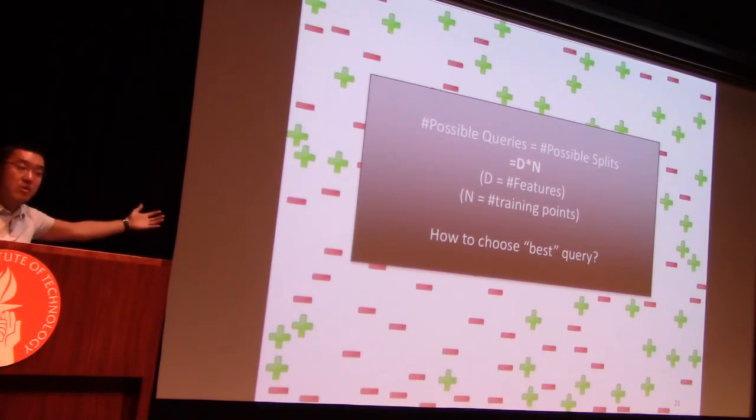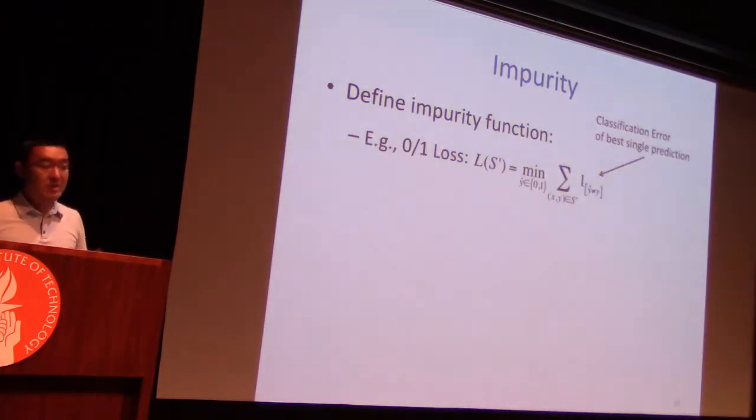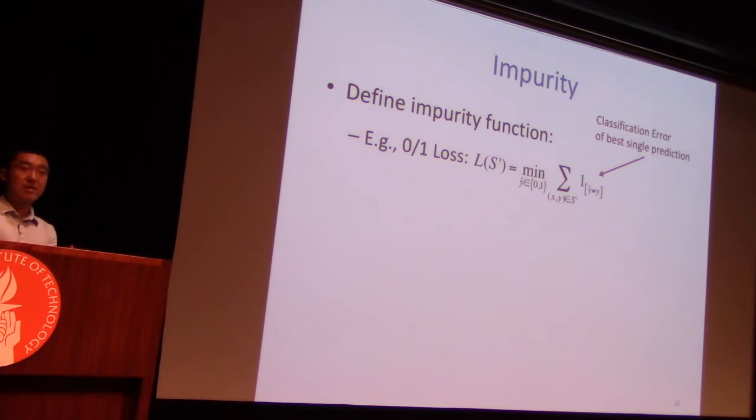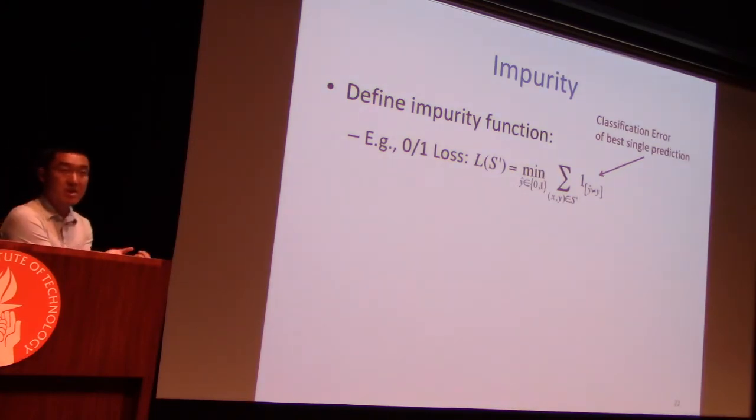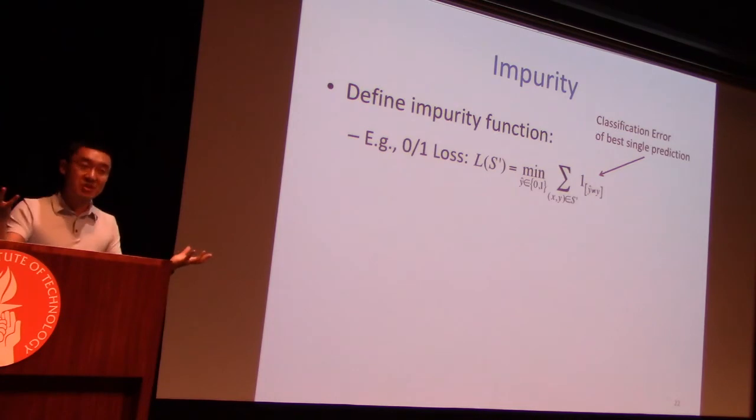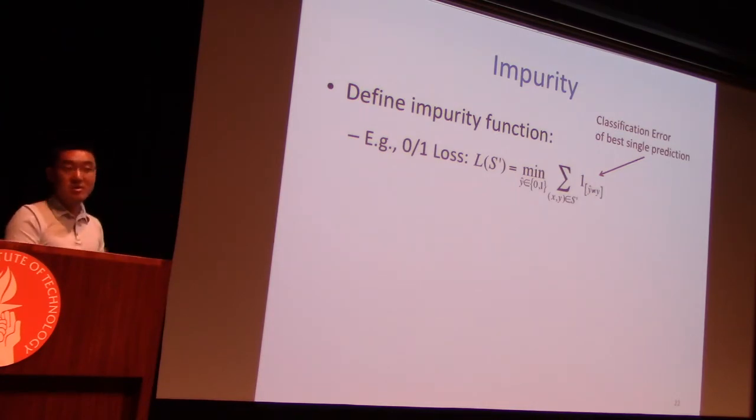The choice of the best query depends on what's called the impurity of the data in this leaf node. The impurity is highly related to a loss function. It's just that the people who worked on decision trees, before the communities all merged together into what's now known as machine learning, called it impurity. You can just think of it as a loss function. Okay.